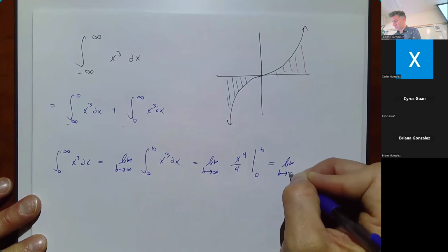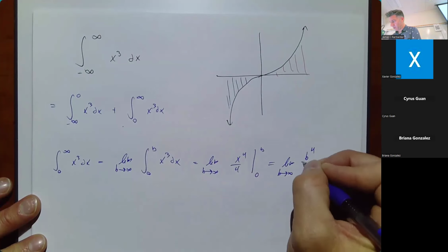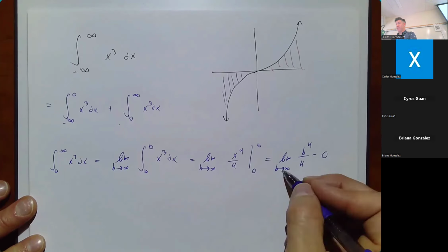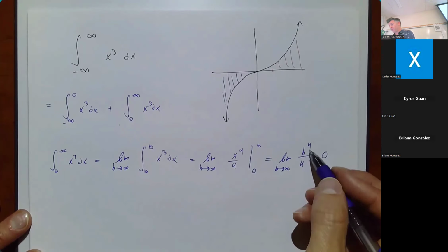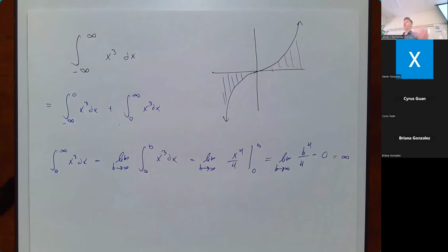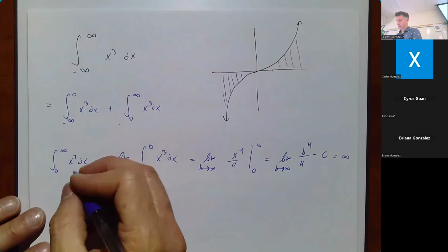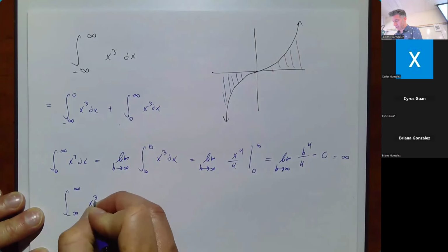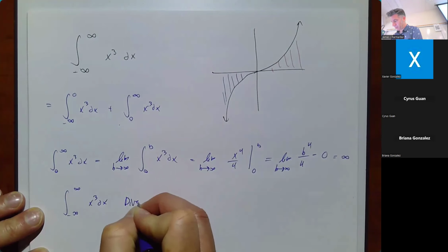We have the limit as b goes to infinity of b to the 4th over 4 minus 0 to the 4th over 4, which is 0. And as b goes to infinity, b to the 4th goes to infinity as well. And this ends up being infinity. And the whole thing diverges. So we say that this integral from negative infinity to infinity of x cubed dx diverges.